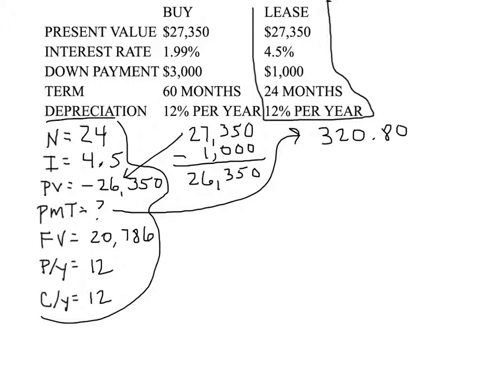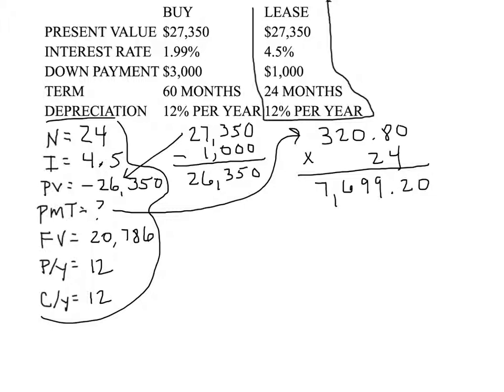It's going to cost me $320.80 every month. So now what I have to do is say, okay, well, I'm going to keep it for 24 months. So I multiply 320.80 times 24, and that will give me $7,699.20.